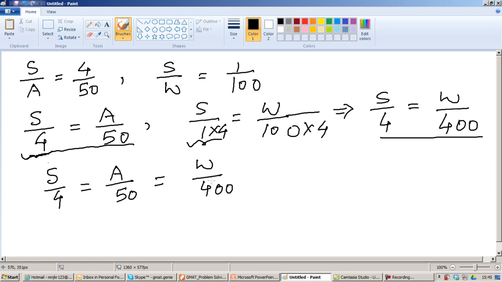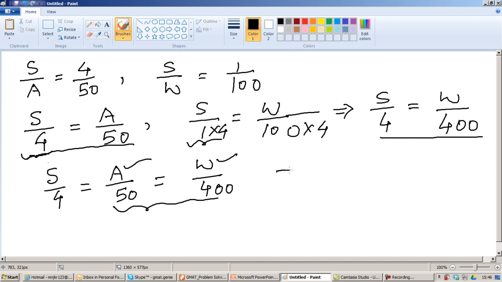Now the problem says that if alcohol is 100 cubic centimeter, what is going to be the water content in this new solution? You can see here, we just need to put the value of alcohol and get the value of water.